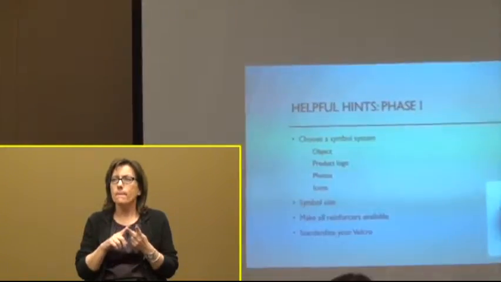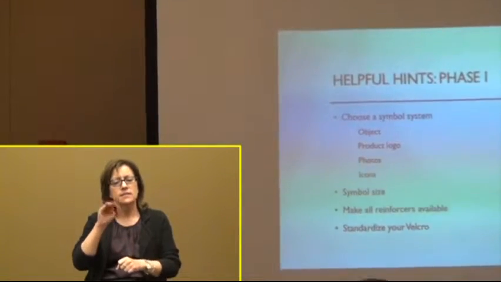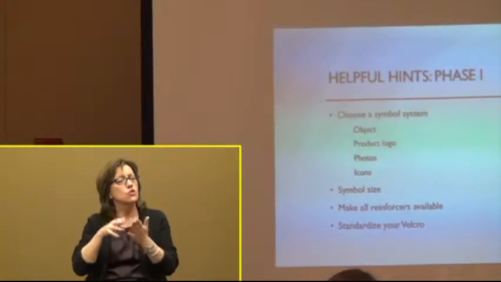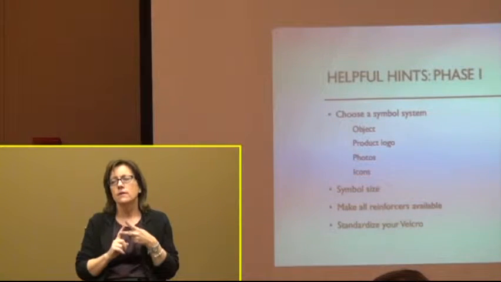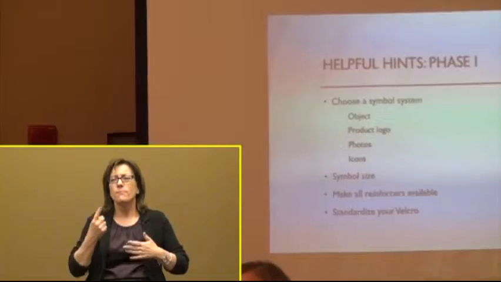A couple other things that we say is to look at symbol size. If you have a student with a visual impairment, or a student with physical limitations who has a problem picking things up, we've done things like raise the icons up. We've stiffened the Velcro or the lamination, so it's a heavier lamination and more durable.